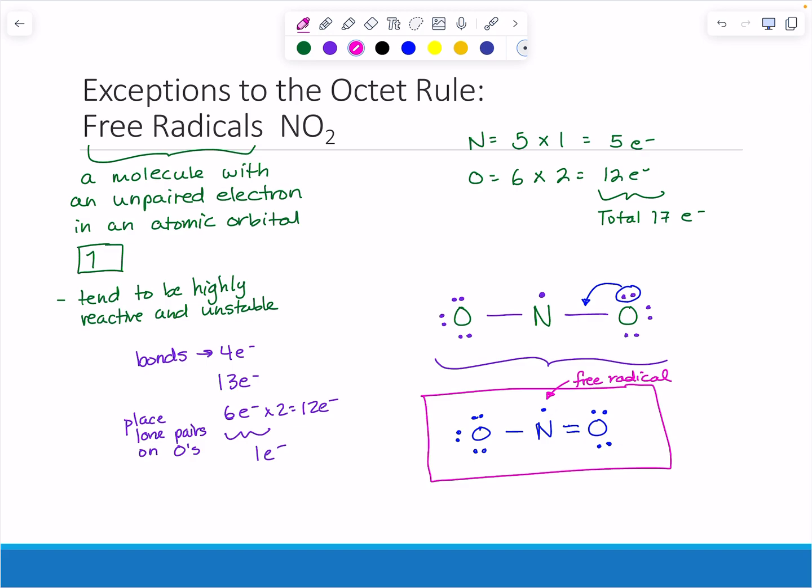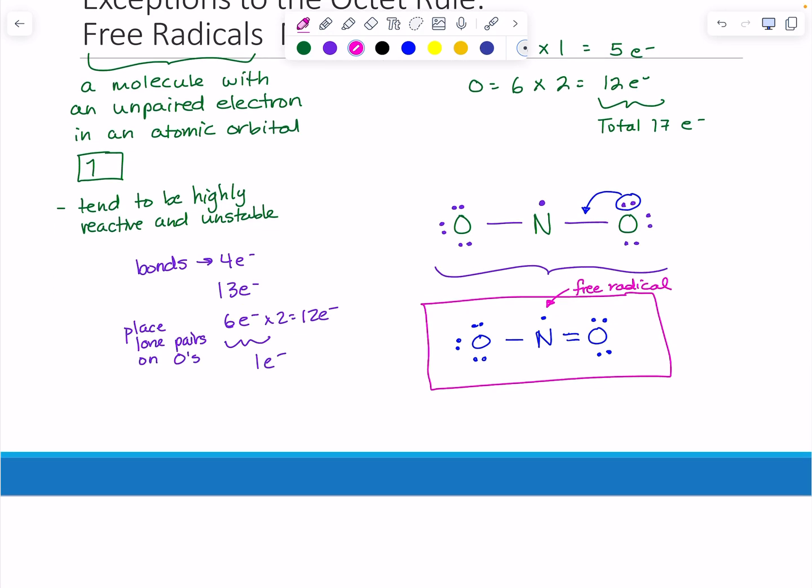Okay, so there's no probability of electrons being in those expanded valence orbitals. So that's why we go just under the octet instead of just over the octet, okay? And so I'll just make a note of that here. Nitrogen.